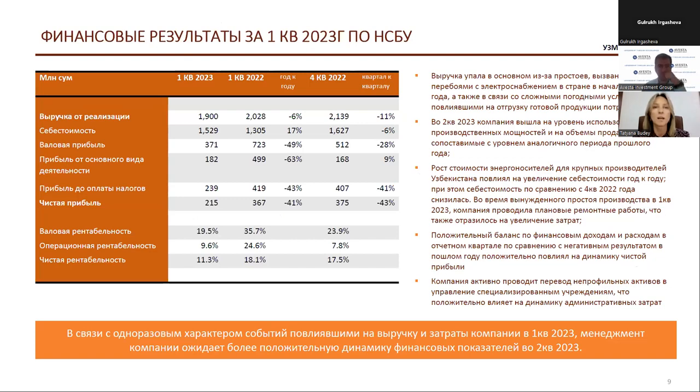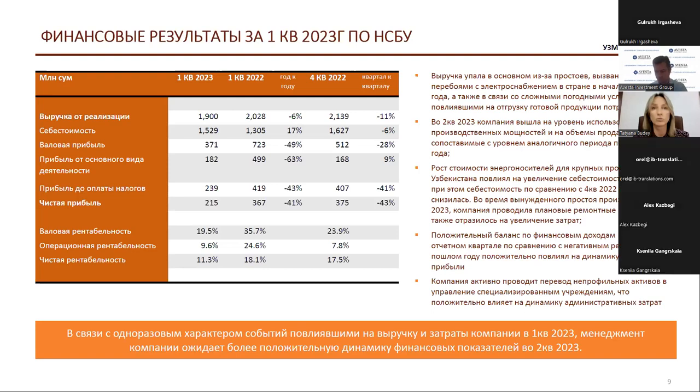Now, talking about financial performance for Q1 2023, you can see a 6% reduction in revenue year on year that was driven by disruptions in electricity supply that affected all the large industrial enterprises here in Uzbekistan. So we're not alone here.